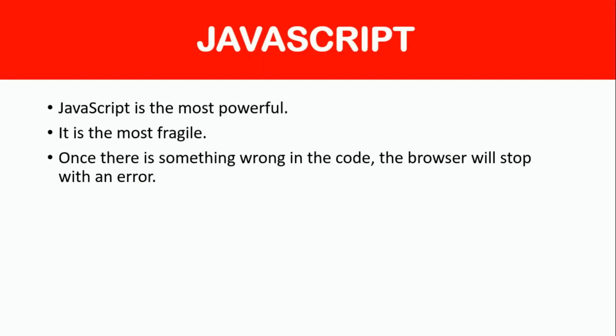We can call it a markup language, and CSS is a style sheet, while JavaScript is used for creating both responsiveness and interactiveness in our website. So it gives you that feel. CSS gives you the look, HTML gives you the structure, but JavaScript gives you the feel when you are on your website. So that is it for HTML, CSS, and JavaScript.